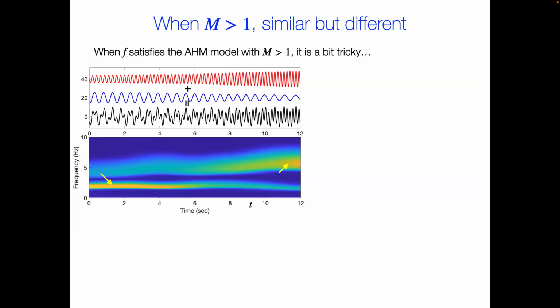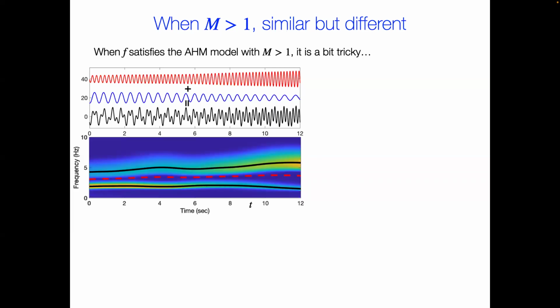Over this region, this one will be larger, but in the beginning, the low frequency part will be larger. So a so-called ridge will behave like this, starting from here, and at some point, it will jump to the other one. But as I told you, there are two components inside. So using one ridge to describe it may not be reasonable, isn't it?